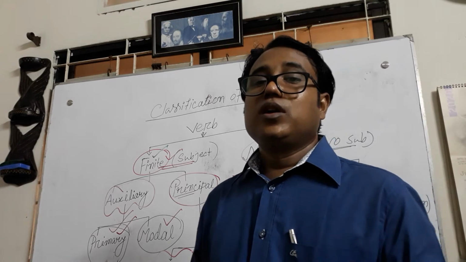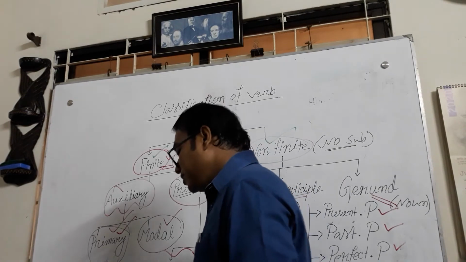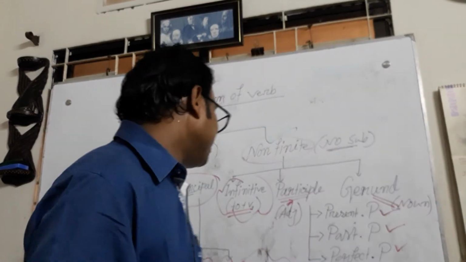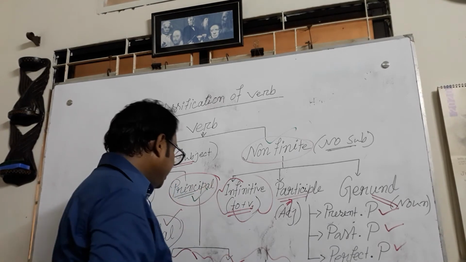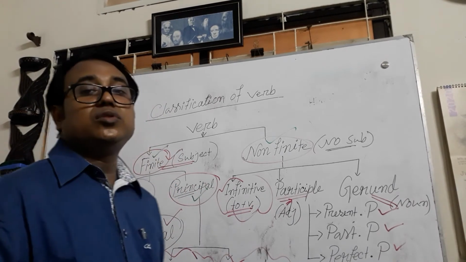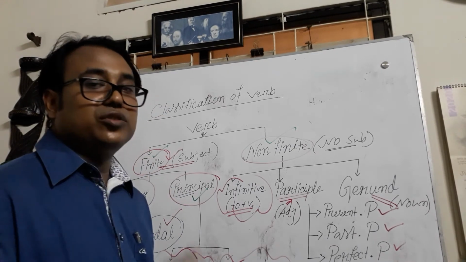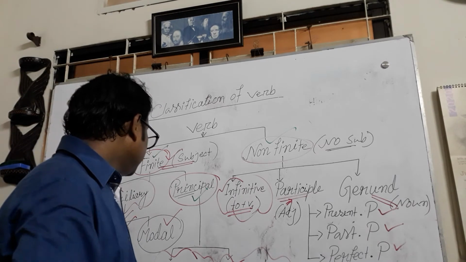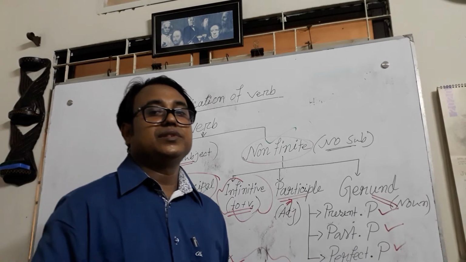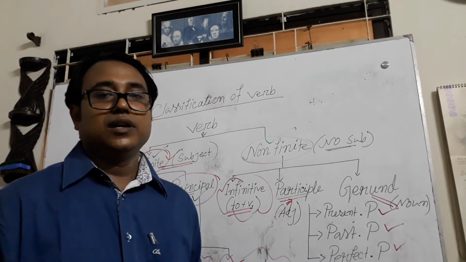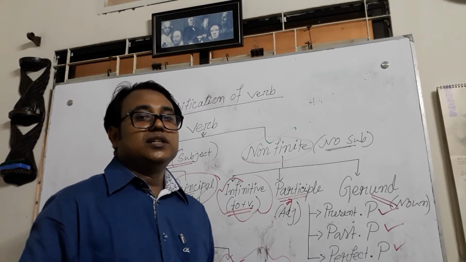Dear learners, now we will try to know about the classification of principal verbs. Principal verb is divided into two parts or two categories or two types, like transitive and intransitive. Come to the point. How can we identify the transitive verb and intransitive verb?